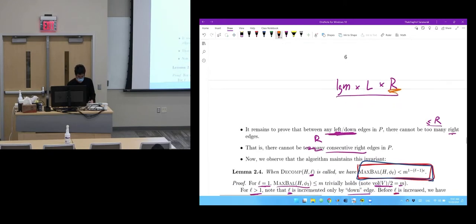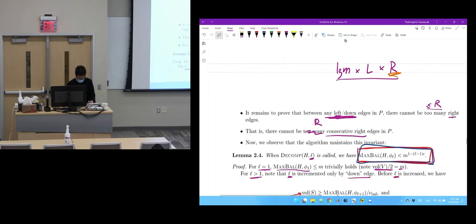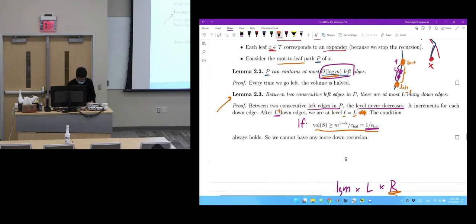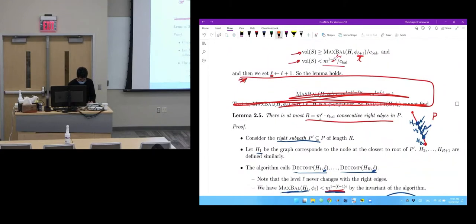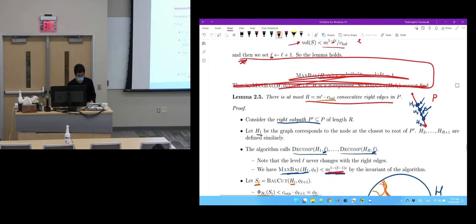And we have bounded R to be something like this, times something like log.